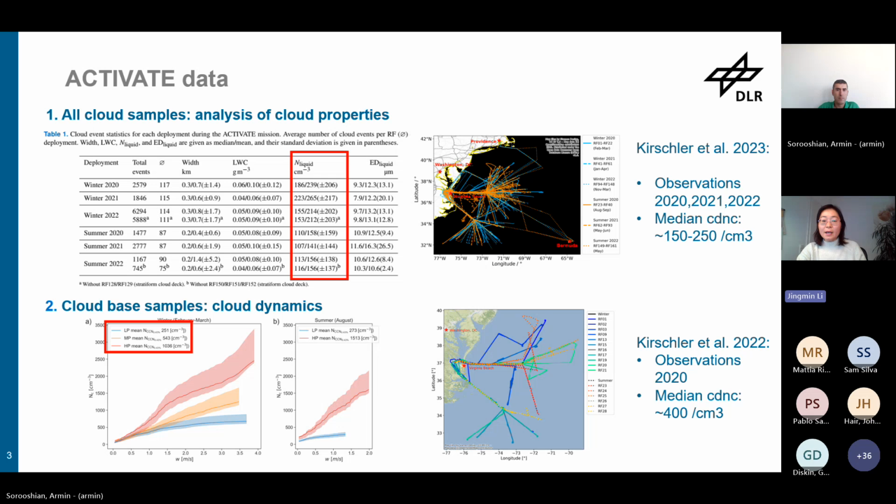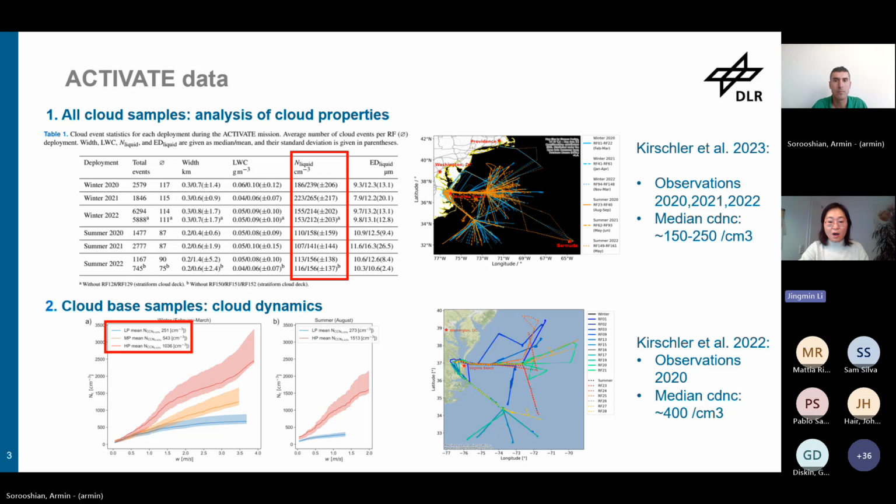Basically, we use the 2 papers from Kirschler as our base of comparison. The first one considers all cloud samples measured within the 3 ACTIVATE measurement years. We use this for our statistical comparison. The second one considers the cloud-base samples, taken in the first observational year of the ACTIVATE campaign.